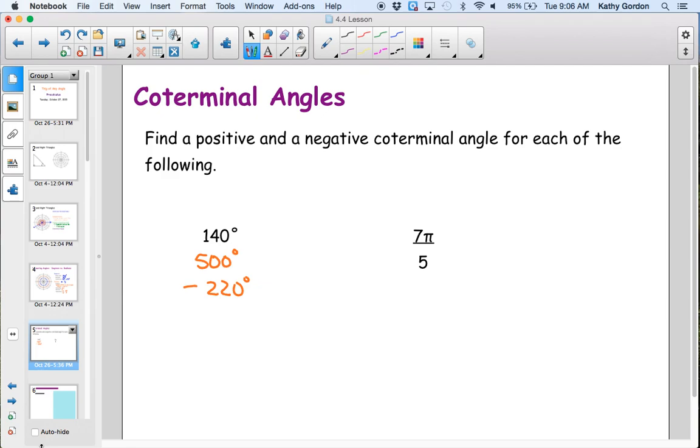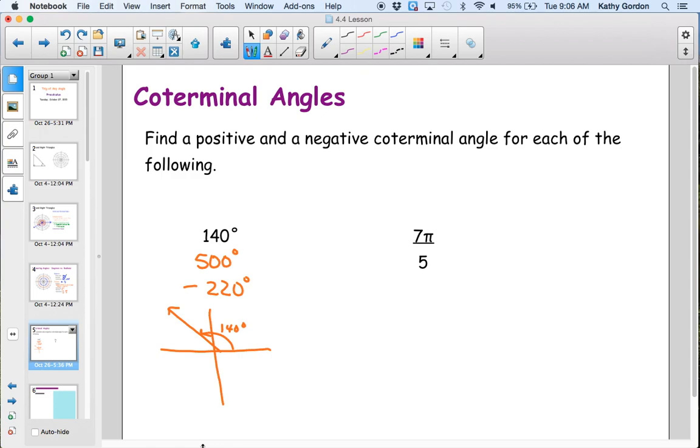Alright, so basically what we're saying here is in a rotation, about where is 140? At the second quadrant. Over here in the second quadrant somewhere. That's 140 degrees.